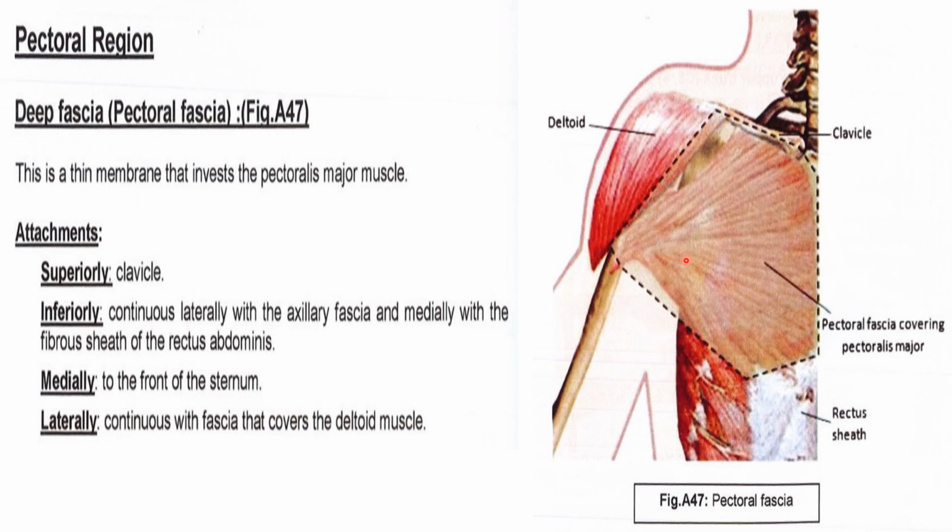Okay, so that's how it is. As you can see, the pectoral fascia covers the pectoralis major. Then we have the attachments.